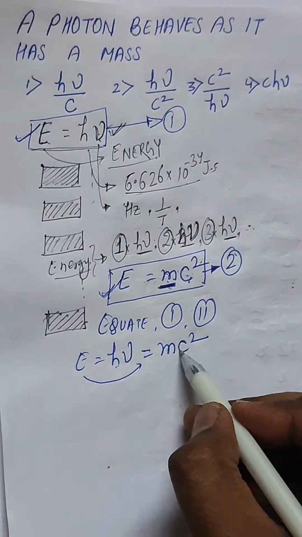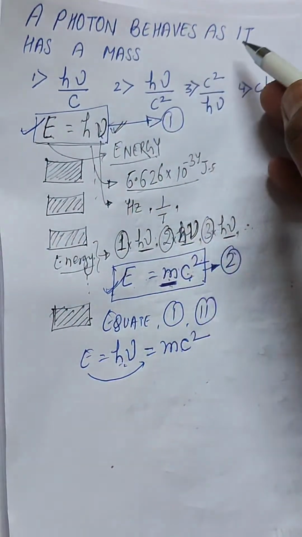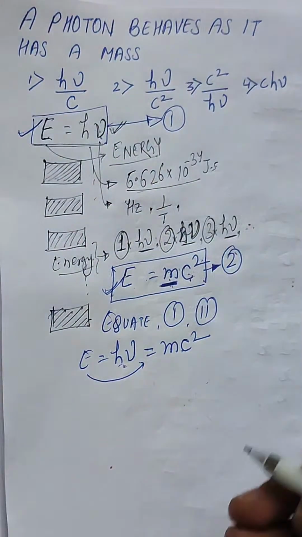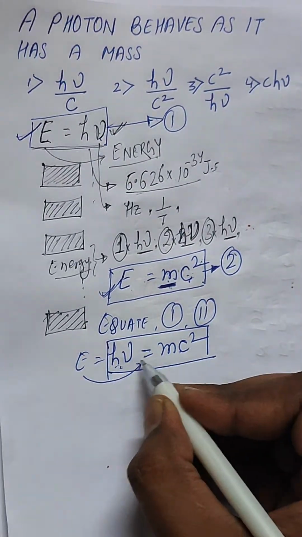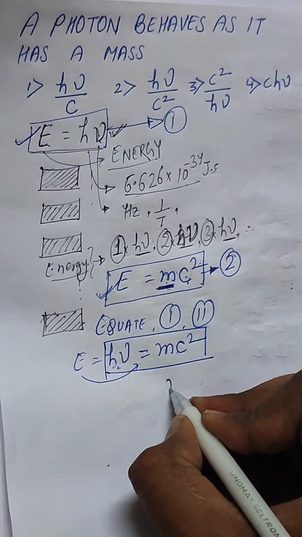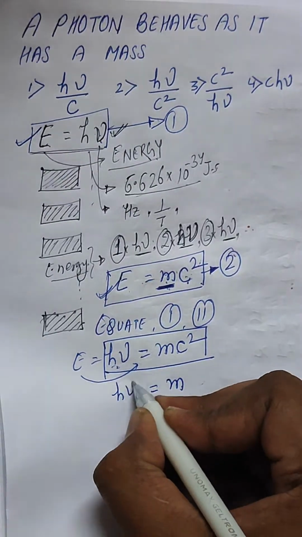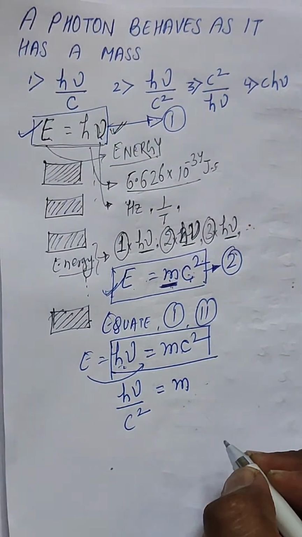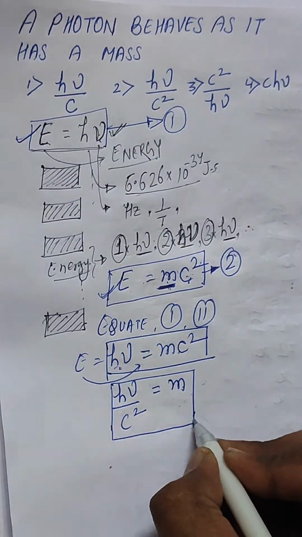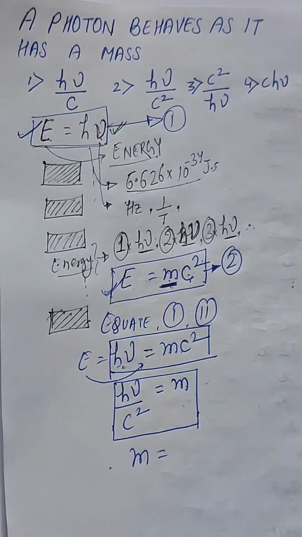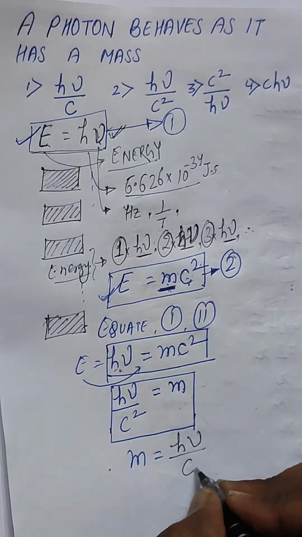Now if you consider both of these, a photon behaves as if it has a mass. After equating h mu equal to mc square, m can be written as, taking c square to the right-hand side, h mu by c square.